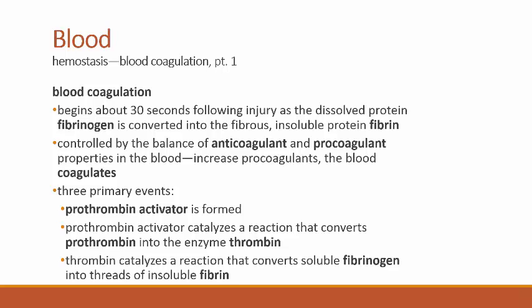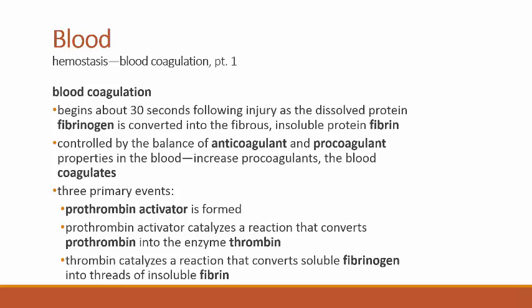The first is that an enzyme, referred to as prothrombin activator, is formed. The second event is that this prothrombin activator catalyzes a chemical reaction that eventually converts a protein called prothrombin into an enzyme called thrombin.